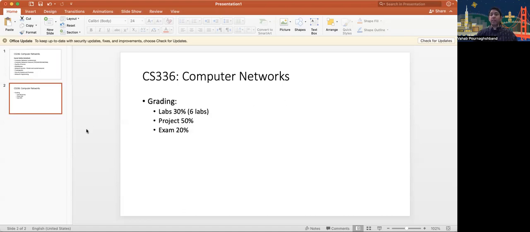So what will you be graded on? There will be 6 labs in the course, 2 of which help you directly with the project. The other labs will be primarily about security in networks.